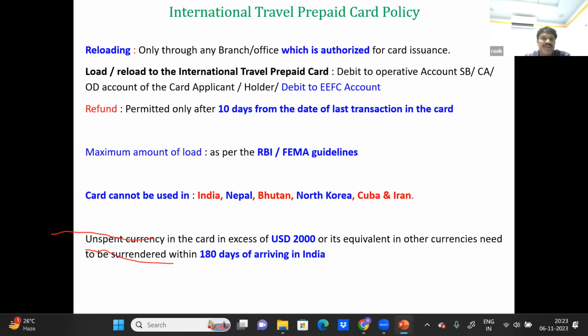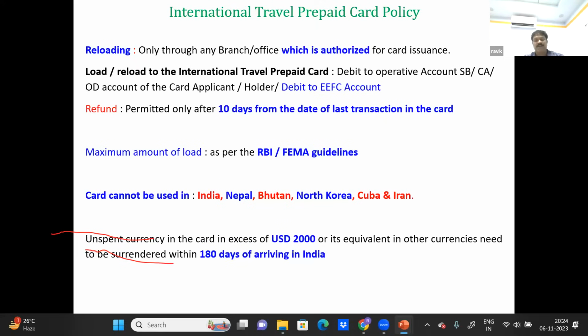That branch should have the facility of that package, then only they can do it. Reloading is done from the operative account, and even the EEFC account can be debited, because this travel prepaid card may be taken by an exporter who went to China. So the EEFC balance can also be debited and the card reloaded.